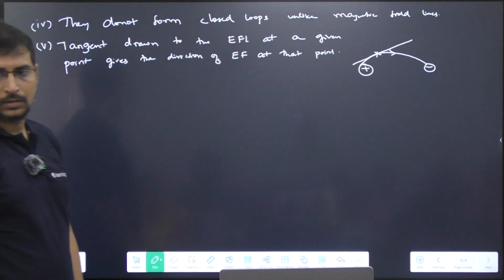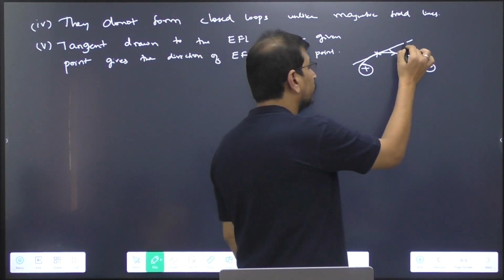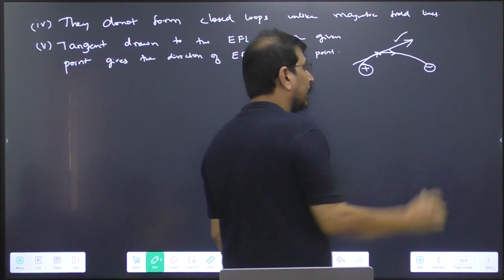Make sense? Right? We need to draw the tangent in the direction of it. So this is going to be the direction of electric field.